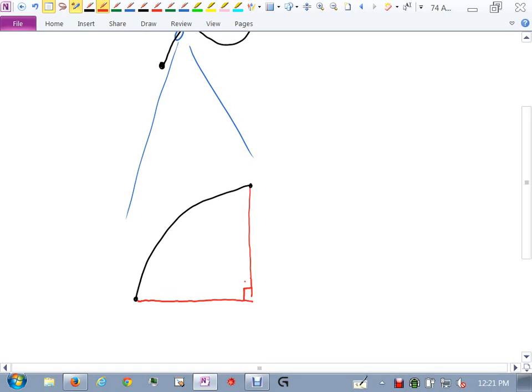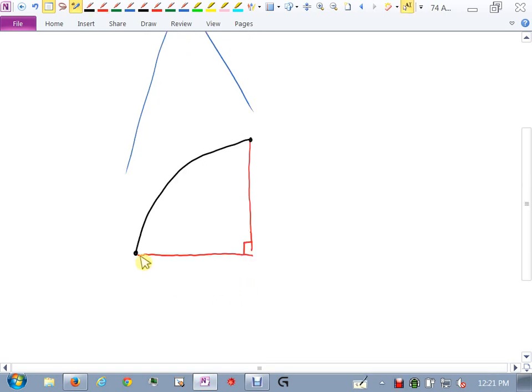So if I do that, then the width of this little infinitesimally small piece I could call dx. That's my change in x. If I want to get from this point to this point, I have a change in x and I have a change in y. This is change in x, this is change in y. I'm using the delta for change.